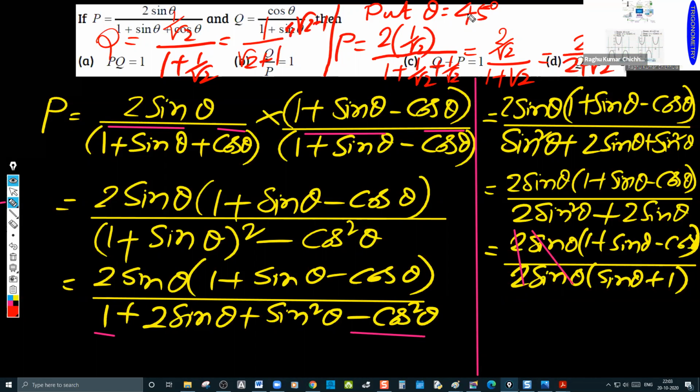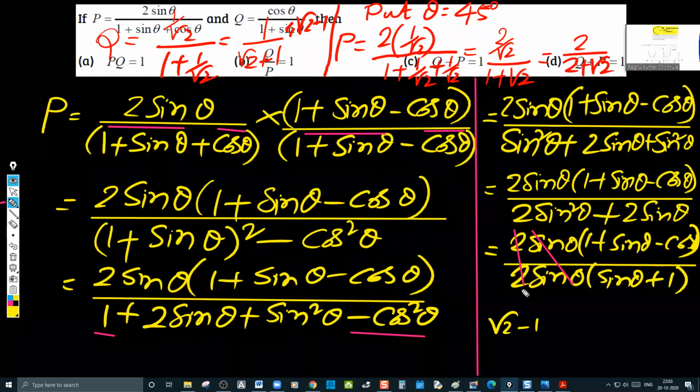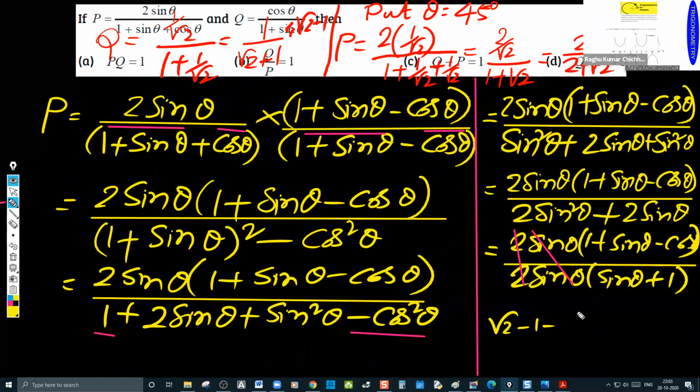Q minus P is root 2 minus 1 minus 2 by, root 2 getting cancelled, 2 plus root 2. This must be 1 if it is correct. So let us multiply this.